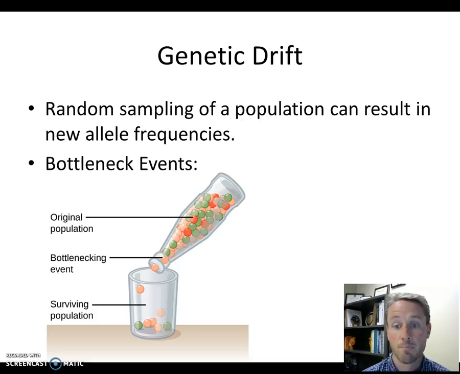One of them might be a natural disaster, where a natural disaster maybe leads to the death of a large portion of the population. So wild animals here. Let's say a hurricane blows through and the habitat for a bunch of animals gets destroyed, some of the animals die, and only a few survive. If those few animals that survive have a different allele distribution than the original population, then we've experienced this genetic drift leading to this evolutionary change.